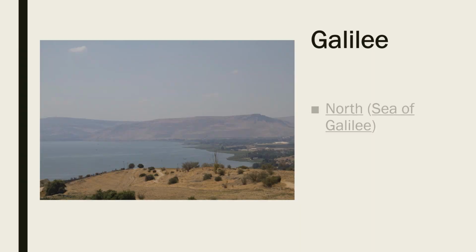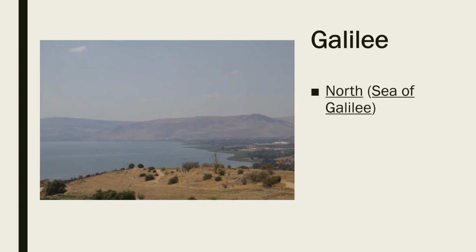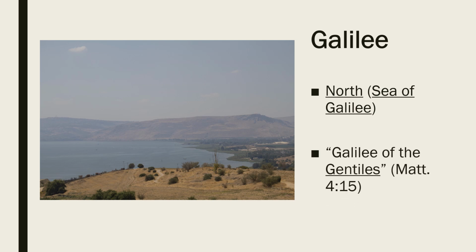Galilee is the northernmost region, and as we mentioned, it has the Sea of Galilee. Matthew refers to it as Galilee of the Gentiles, or the nations. So this was a region that was not just Israelite. A lot of Israelites lived around this sea, and a lot of Gentiles did. In fact, we'll read stories where Jesus and his disciples started on the western side of the sea and sailed across to the east, which was the Gentile side.